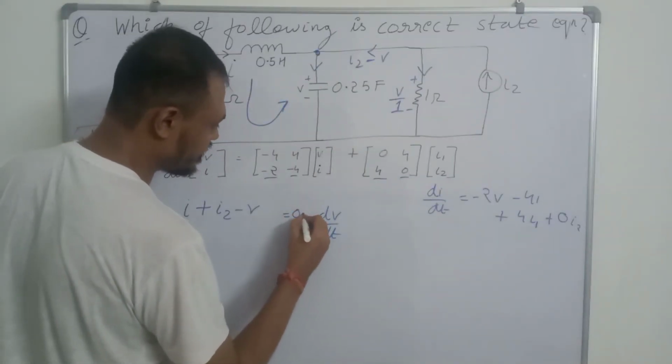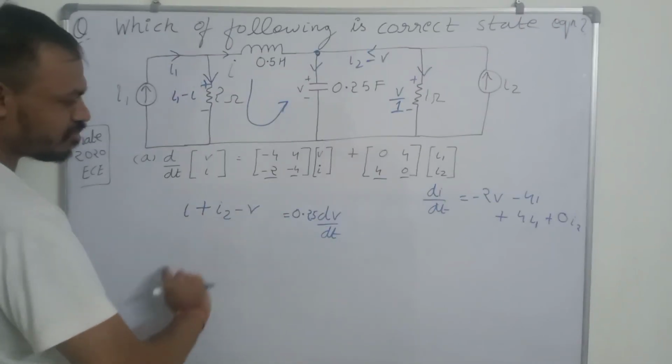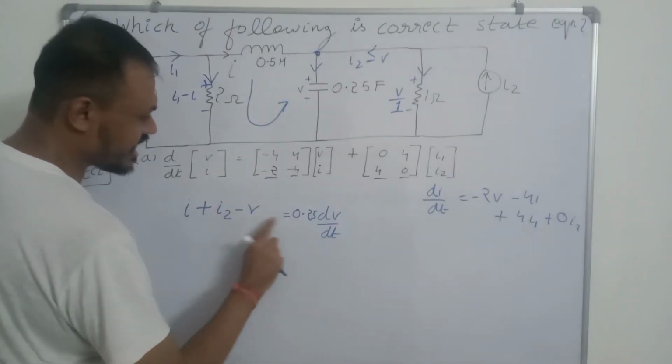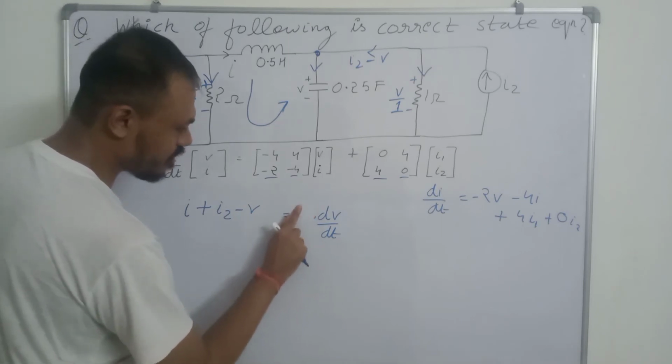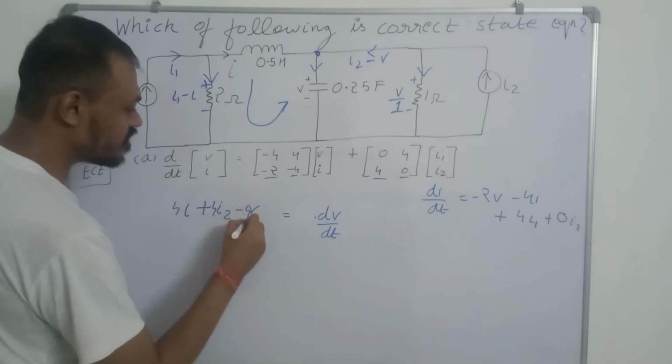If 0.25 goes to the left hand side, we get 4I plus 4I2 minus 4V.